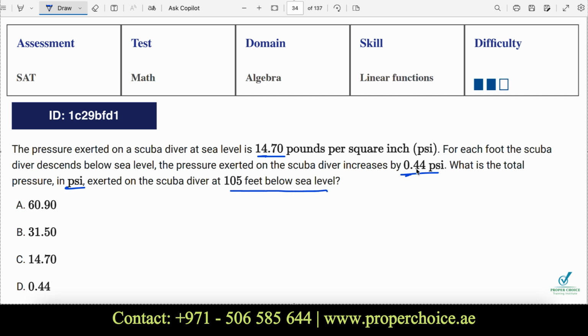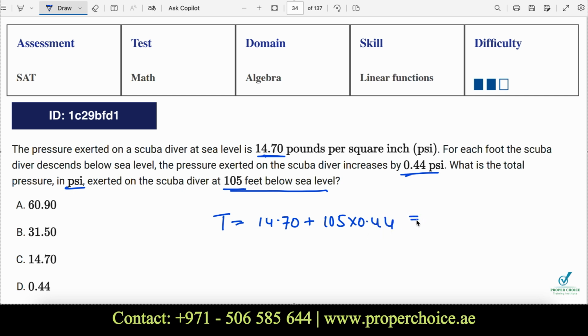Per foot, pressure is increasing by 0.44 and initially it was this. Now what would be the total pressure on the scuba diver? If I am saying total pressure is T, initial pressure at sea level is 14.70 plus the scuba diver is going down by 105 feet, with an increment of 0.44 per foot, multiplied by this 0.44.